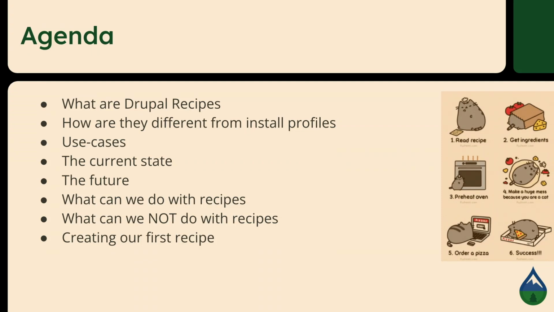We'll also take a look at what we can do with recipes and, more importantly, what we cannot do, what's discouraged, let's say. If we have time at the end, we're going to go through and look at some code, dive into what exactly makes a Drupal recipe, and see if we can create a pretty simple first recipe.